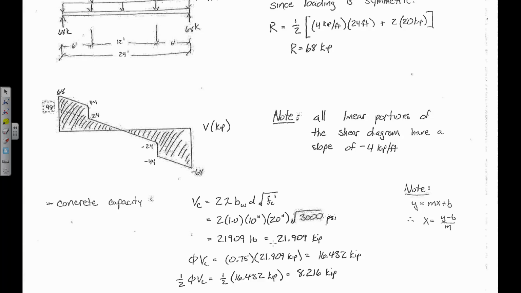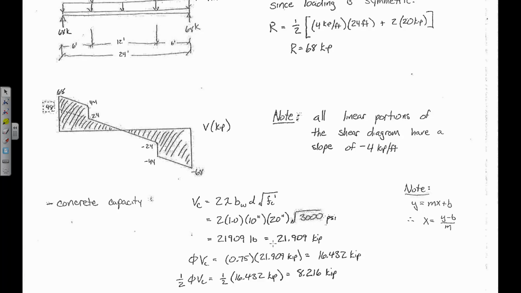Exactly. Phi Vc is 16 kips and half of phi Vc is 8. So that's going to be somewhere like here and here, right? So the equation that we use to determine x at phi Vc and x at half of phi Vc is this equation. Does that make sense?